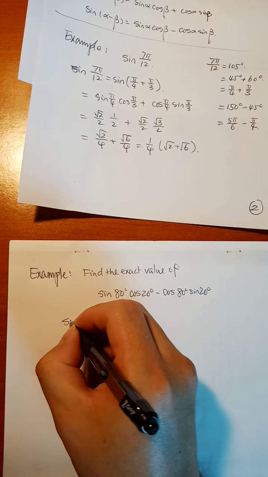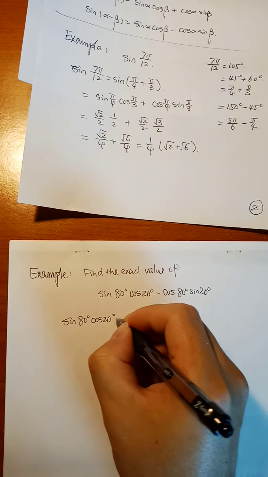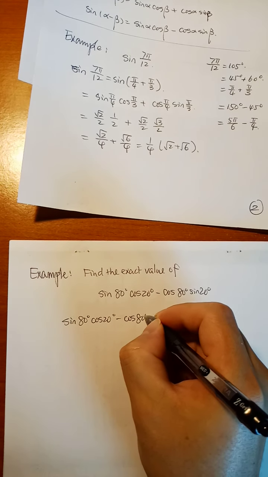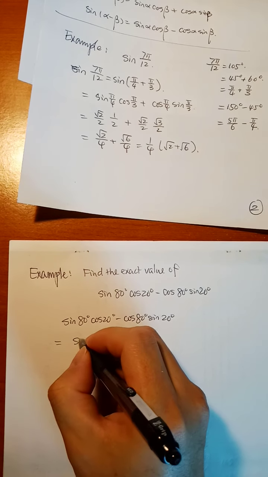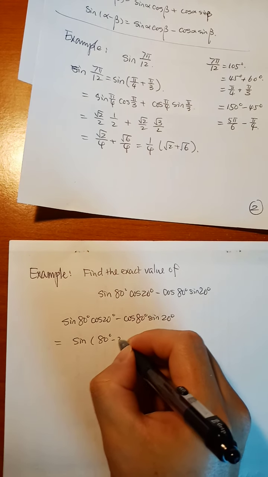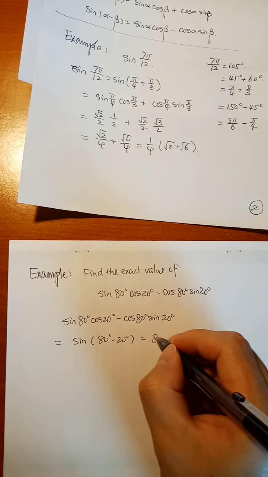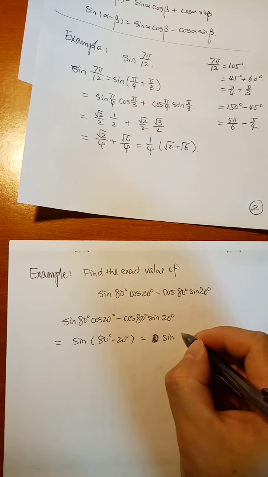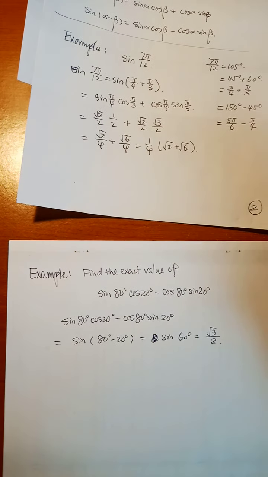So this is exactly sine of 80 degrees minus 20 degrees. 80 minus 20 is 60 degrees. Sine 60 is root 3 over 2.